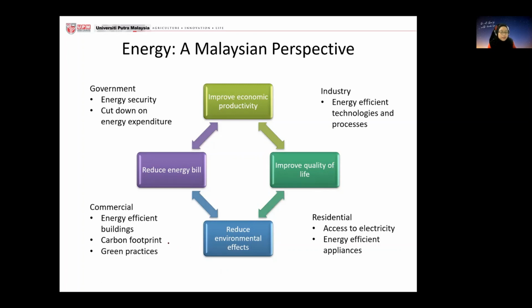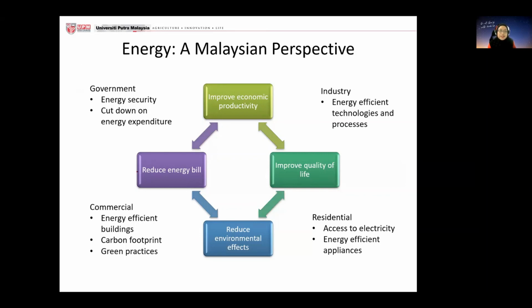In commercial sectors, a lot of talk has been done on energy efficient buildings: how you can save energy and at the same time reduce environmental effects. That includes your carbon footprint and various green practices.